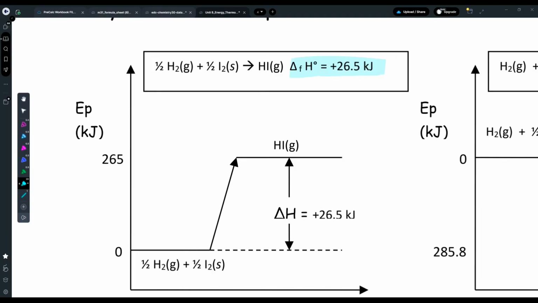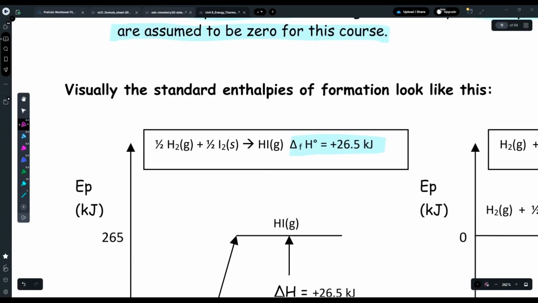Okay, so that means it's an endothermic reaction. I'm going to abbreviate endothermic as endo, so it gains energy. So it makes sense that it's going to be a positive molar enthalpy, because endothermic means that you gain energy.